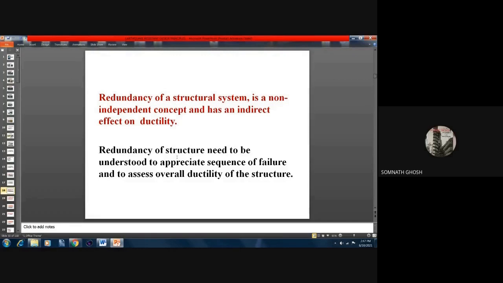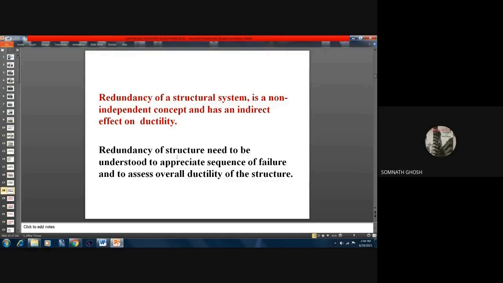Suppose a tall building frame is here. During earthquake or during any force, the maximum displacement is expected to occur at the top level. Now, if you have the load versus displacement behavior, or load versus tip displacement response, then consider the displacement when yielding just started and the displacement at failure stage.